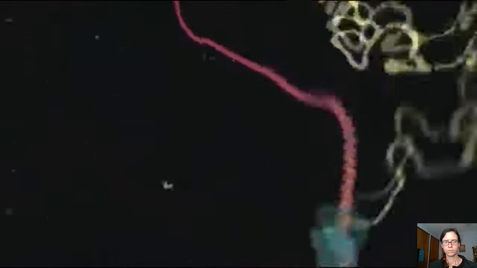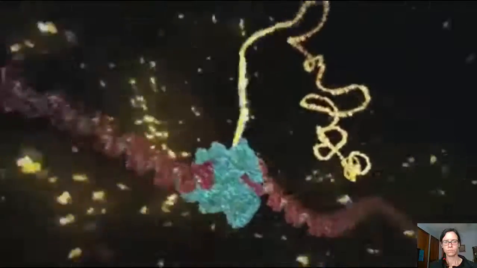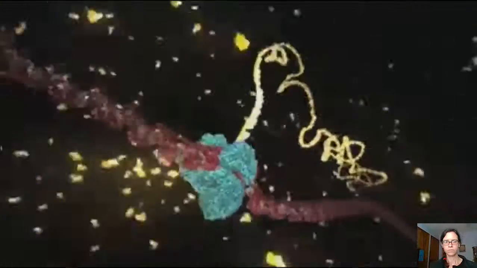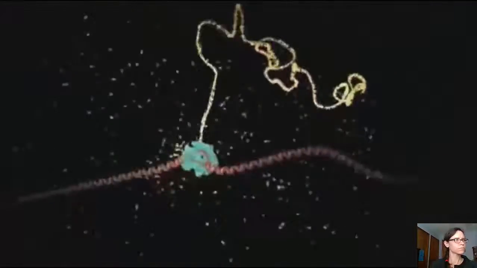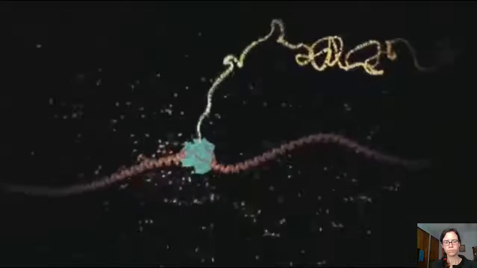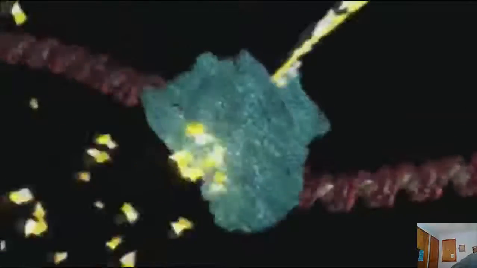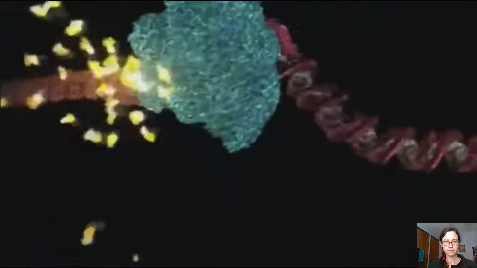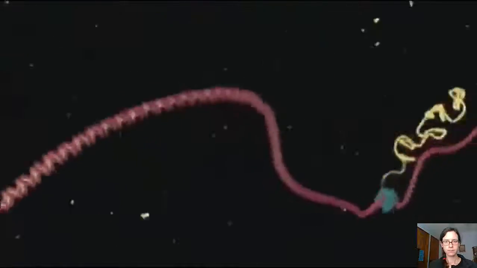The yellow chain snaking out of the top is a copy of the genetic message, and it's made of a close chemical cousin of DNA called RNA. The building blocks to make the RNA enter through an intake hole. They are matched to the DNA, letter by letter, to make an exact copy of the A's, C's, G's, and T's of the gene.